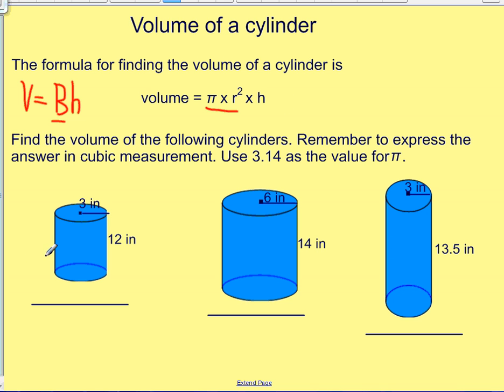All right, so let's do this first example here. This one has a radius of 3, and we need to do 3 squared times pi, or 3.14, times my height, which is 12. All right, so then I'm going to get 9 because that's 3 squared. And then I'm just going to do 3.14 real quick times 12.